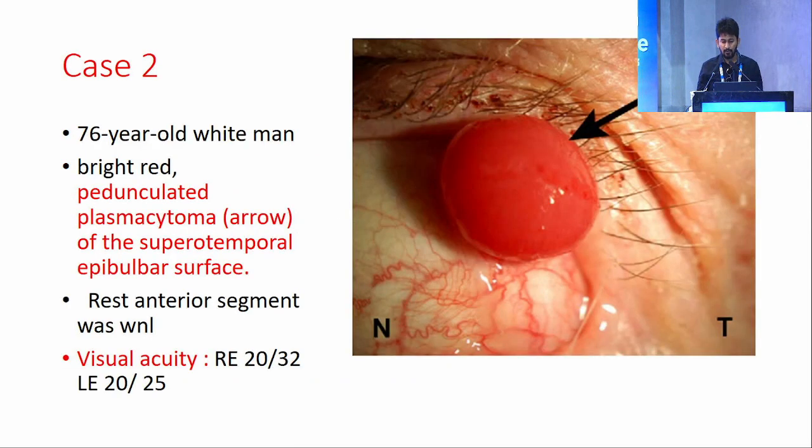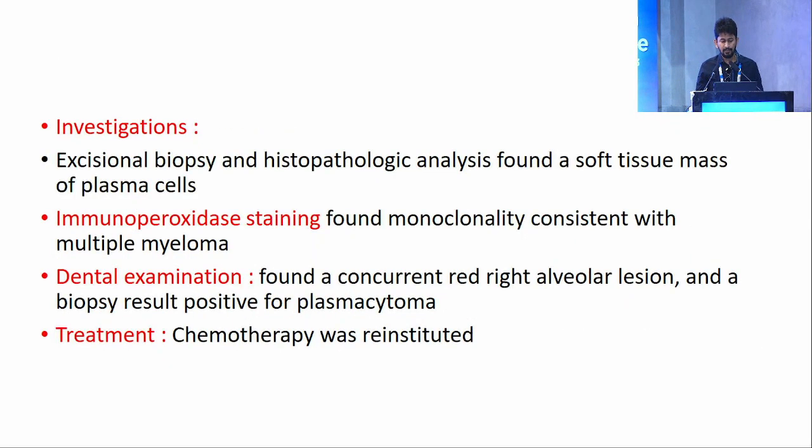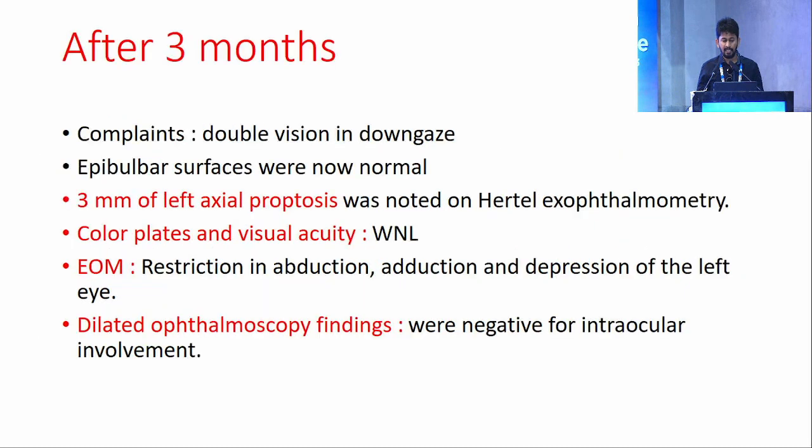In another case report, we are able to see one pedunculated mass in the left eye superotemporal quadrant, and there is no intraocular extension in this case. Chemotherapy was started after confirming with the biopsy and histopathological analysis. But after 3 months, she presented with diplopia.